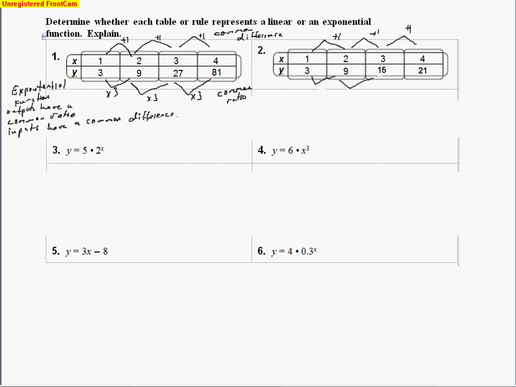So when I try another way to get from 3 to 9, I might add 6. Well, let's see if that works with this one. 9 plus 6, yes, that does make 15. Let's continue that pattern. 15 and 6 do make 21. So we have a common difference again. So both input and output have a common difference.